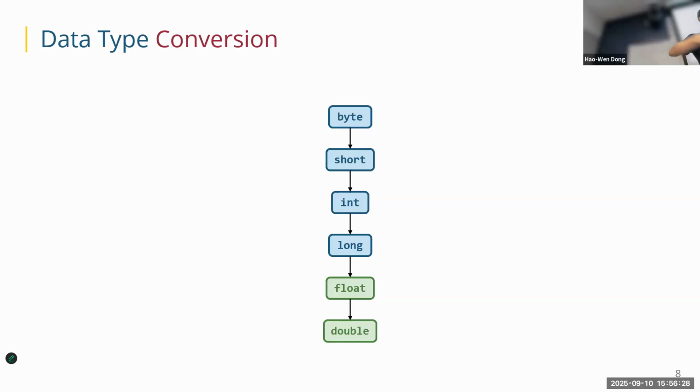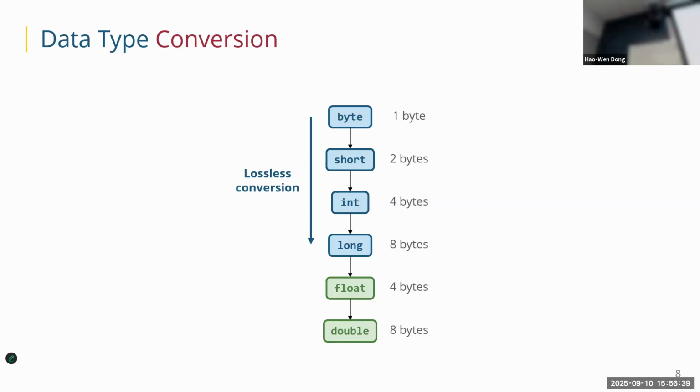So of course, if you have more space to store the same amount of information, you should pretty much get a lossless conversion. So from byte to short, of course, short will absorb everything you can represent by byte, but provide more numbers you can represent. And the same when you go from short to int to long, and the same for float to double.